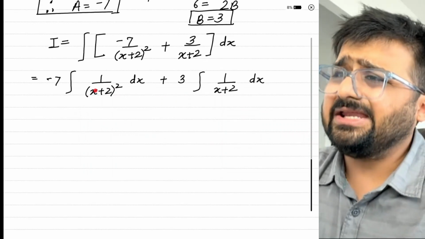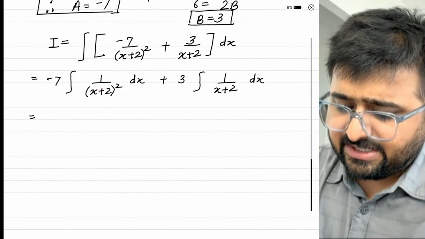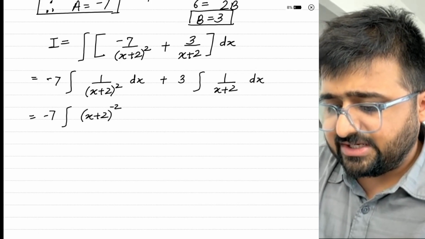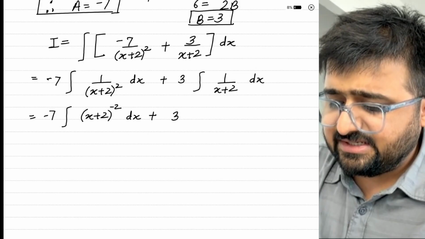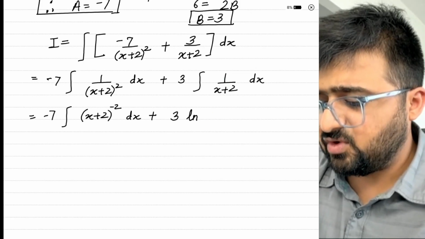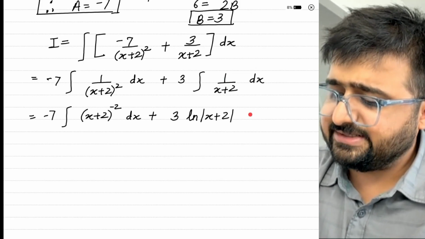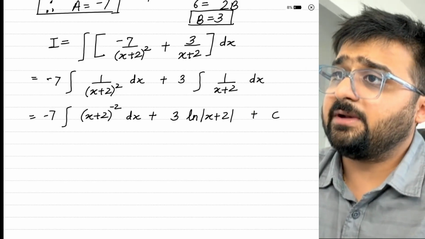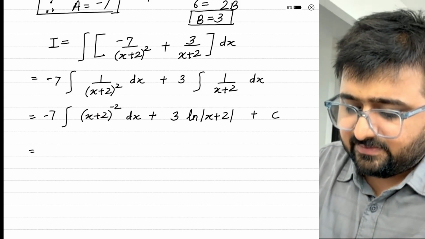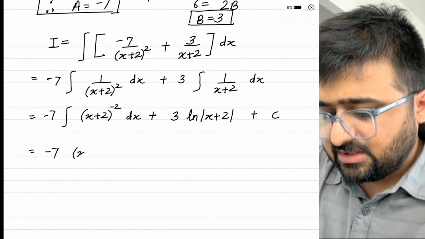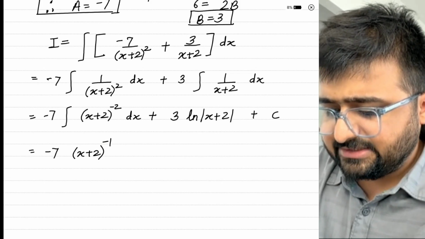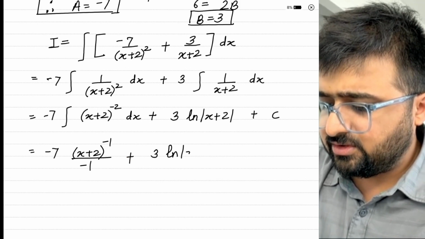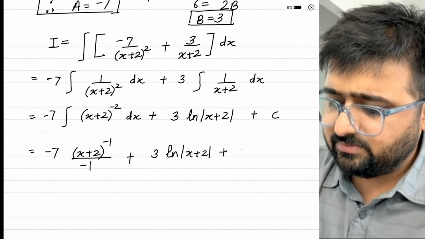Now in order to integrate the first term, you can just write it as (x plus 2) to the power minus 2, plus 3. For this we already know the integral is ln mod (x plus 2). Let's add the constant of integration c. Now we can apply the basic algebraic formula of integration here. So this will become minus 7 times (x plus 2) to the power minus 1 divided by minus 1, plus 3 ln mod (x plus 2) plus c.